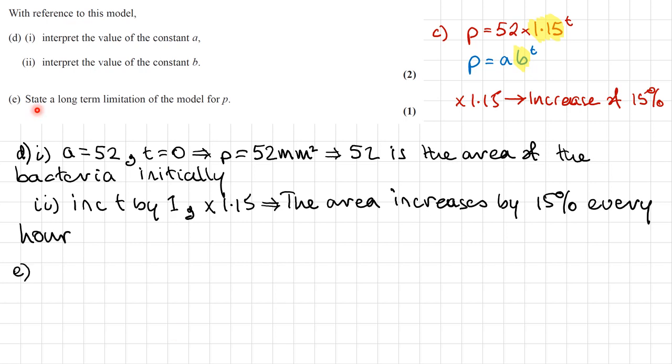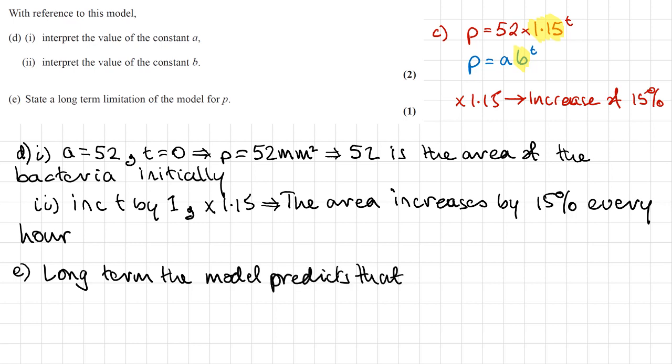Part E. State a long-term limitation of the model for P. So one limitation is that this model assumes the bacteria are just going to keep on increasing. In real life, that's not going to happen. So I could write down that long-term, the model predicts that the population will keep on increasing forever. Now, it can't do that.